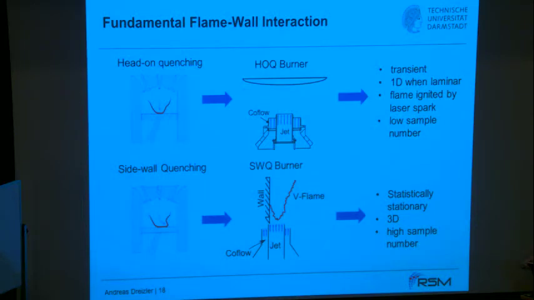It operates statistically stationary. Of course, it's 3D. However, because of that, you can achieve a higher sample number because you don't have to wait all the time between ignition, propagation, quenching, waiting that everything is again what it was before, and then repeat the experiment. Here you can do it faster.